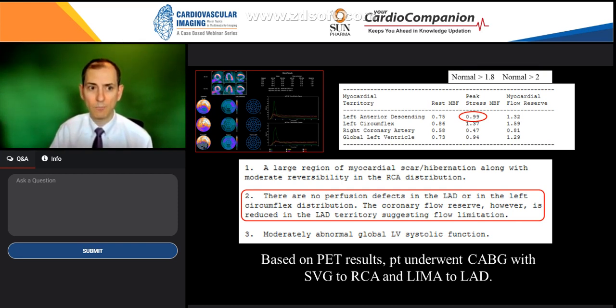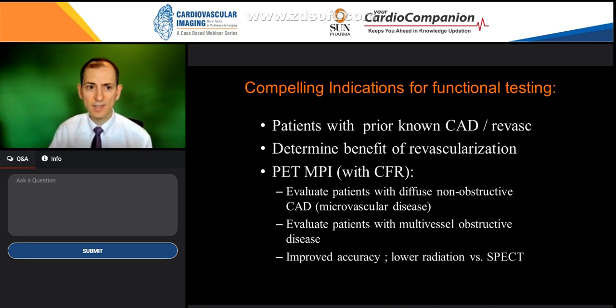So on this slide here, I'm showing some of the compelling indications we have for functional testing. Functional testing, whether it's PET or stress echo or stress MRI, is really best for patients that have known coronary disease, a prior revascularization.